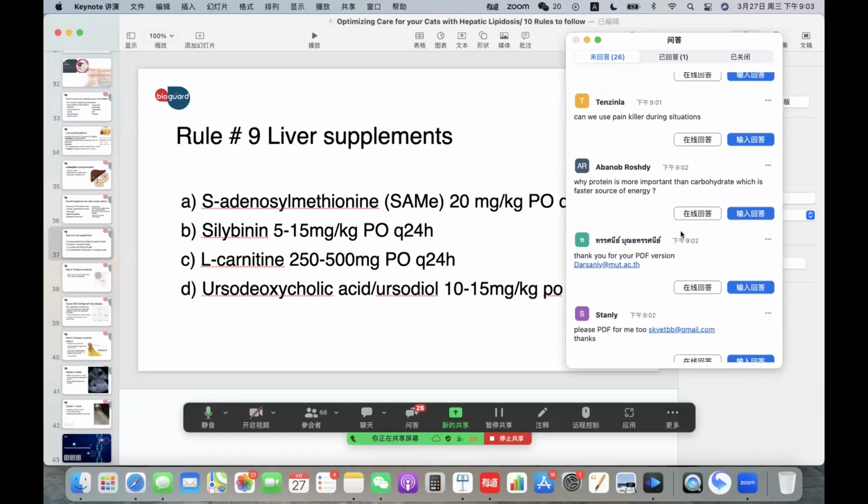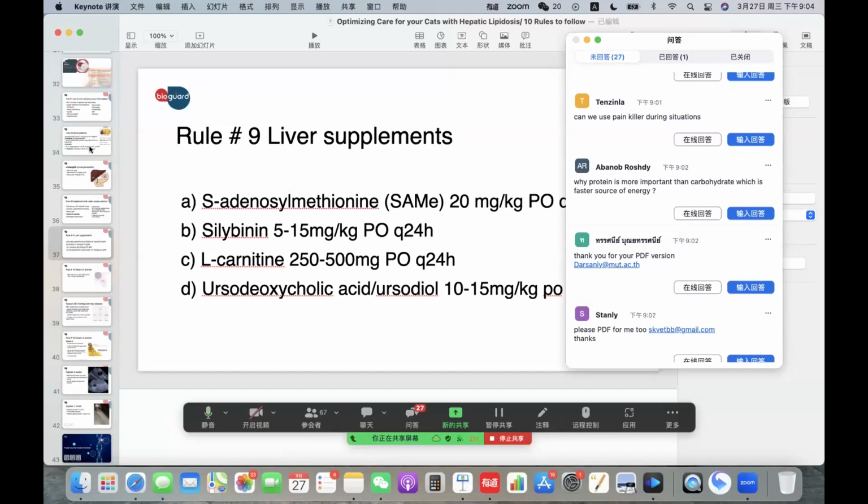Why is protein more important than carbohydrate? Because once the cat has liver disease, hepatic lipidosis, they have the chance to have insulin resistance, because we can see the blood glucose getting higher in this case. Once they have insulin resistance, if we give more carbohydrate, it will make the blood glucose higher and make the whole body condition worse.